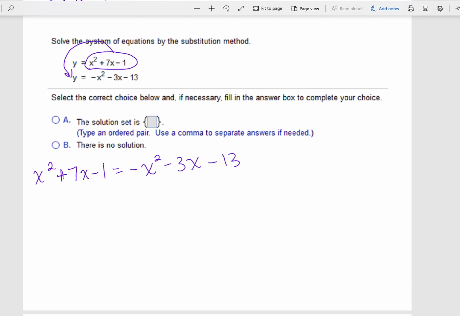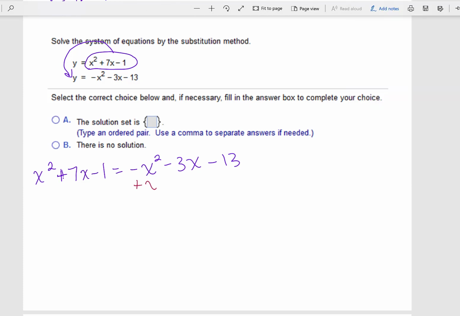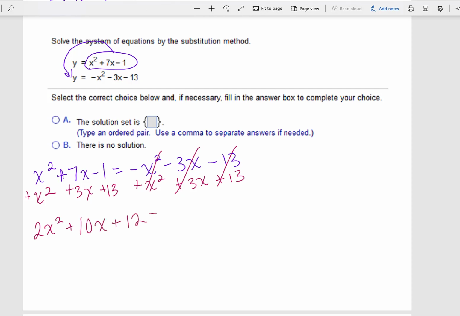I see x squared in the mix, so I'm like, okay, I'm going to try to get this in the standard form of a quadratic equation. Okay, I have it in standard form.